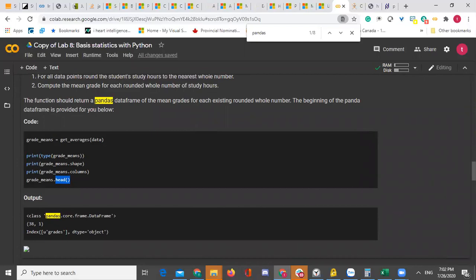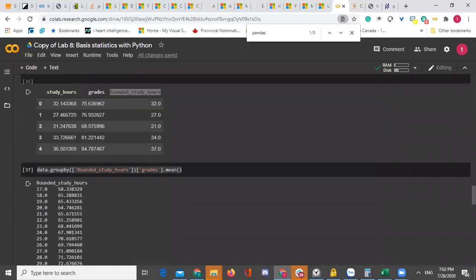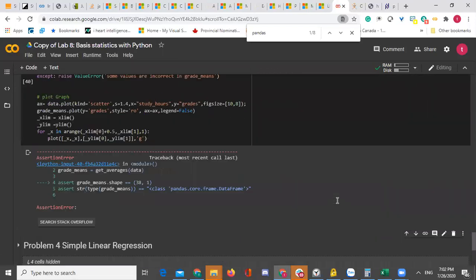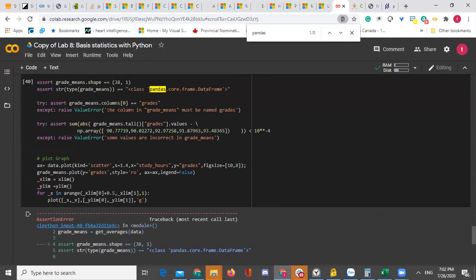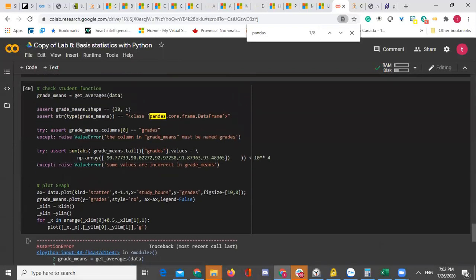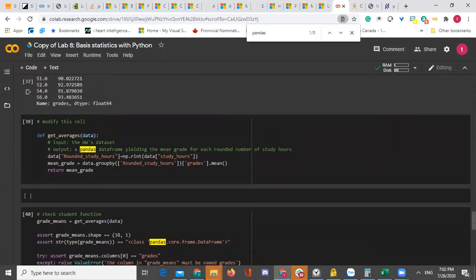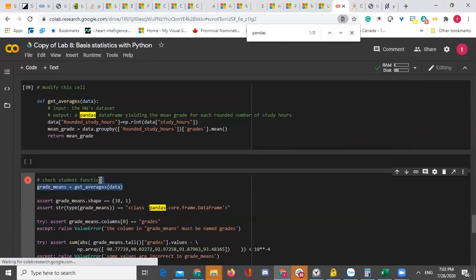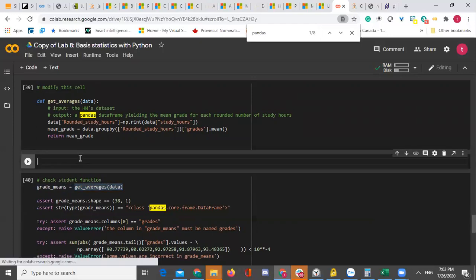Try to execute. I think we can execute here. But you get the result, but it's not as a data frame. You should put the result as a data frame.